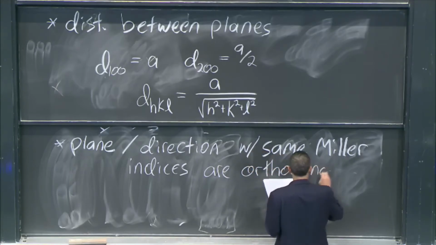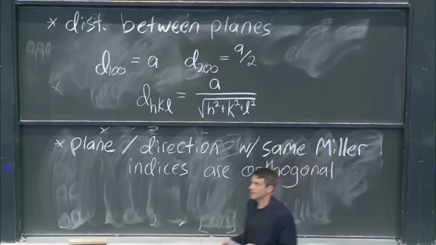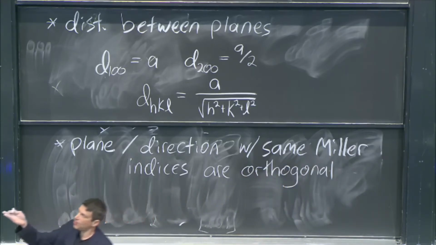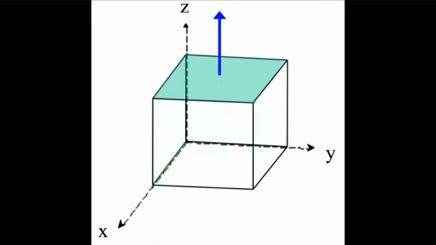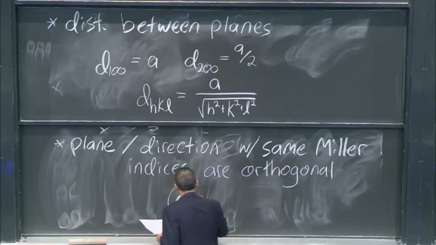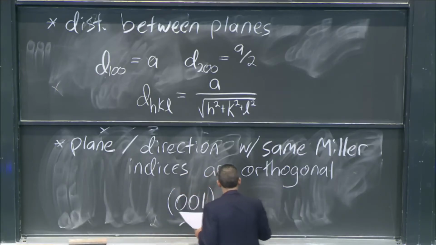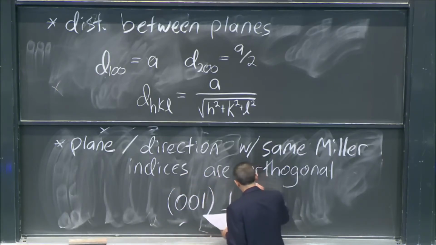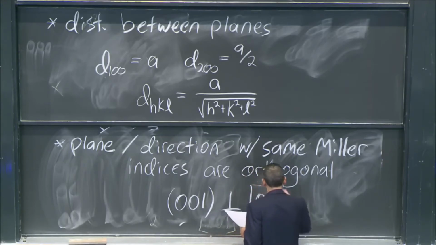You can see this from this very simple picture. There's the 001 plane, but that's also the 001 vector, just as we defined it today. So the 001 plane and the 001 vector are orthogonal. The 001 plane is orthogonal to the 001 vector.